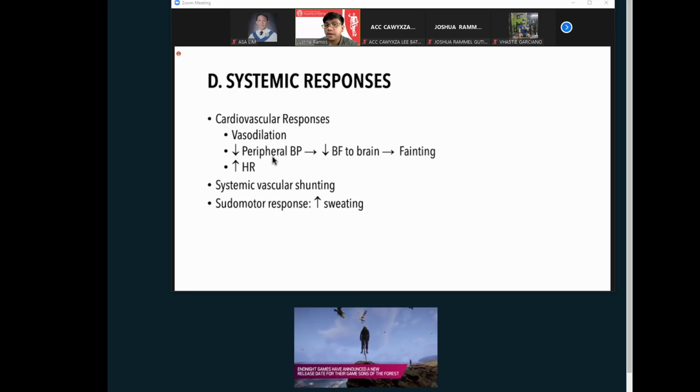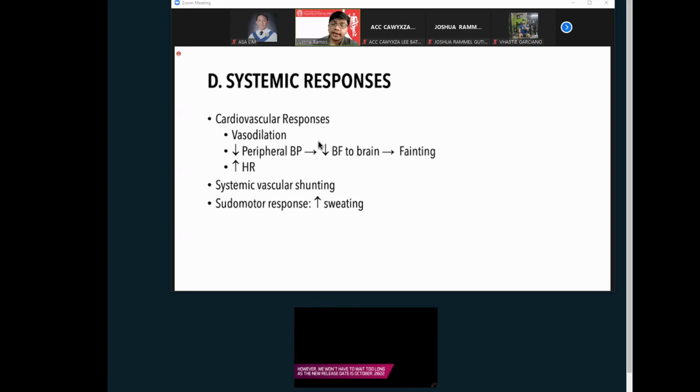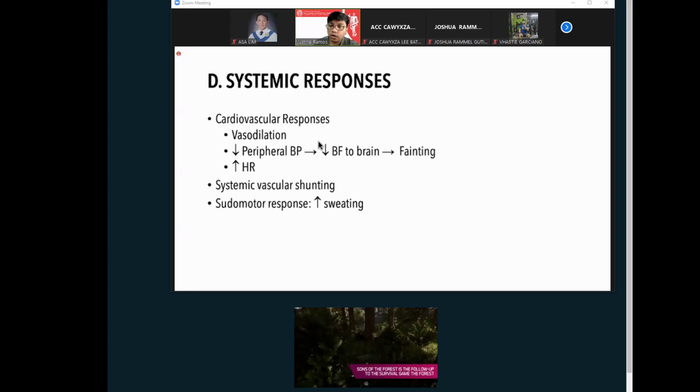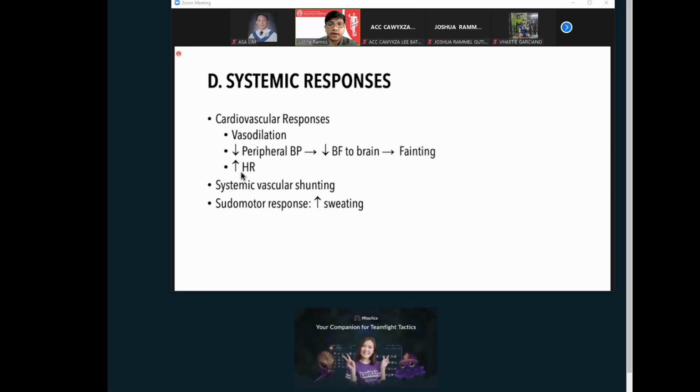Supposedly, kung local heating ito, there is increased blood pressure because of the vasodilation. But since this is a systemic effect, when you apply heating over a large body area, it will lower the blood pressure on the peripheral circulation because of an excessive vasodilation.